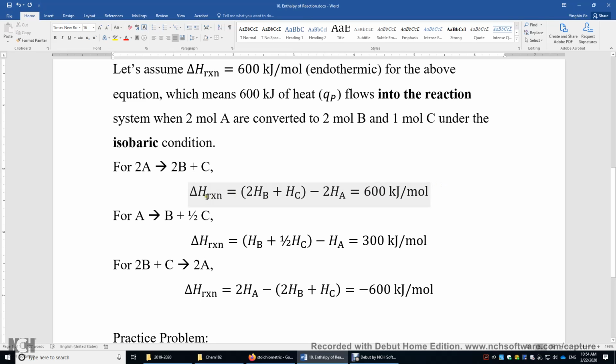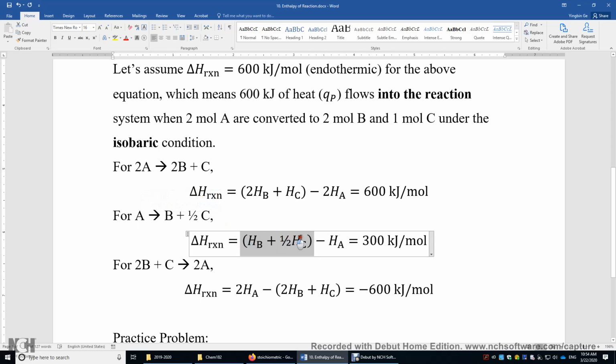And then let's look at a different equation. Now this time, I'm going to start with 1 mole of A and produce 1 mole of B and 1/2 of C. What's the enthalpy of reaction for this one? Well, very simple. Again, you write out the enthalpy of reaction, which is the enthalpy of the products minus the enthalpy of the reactant.